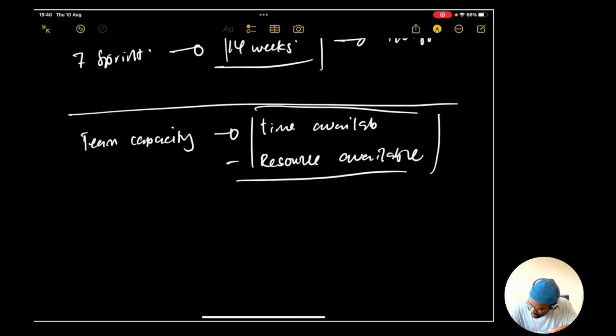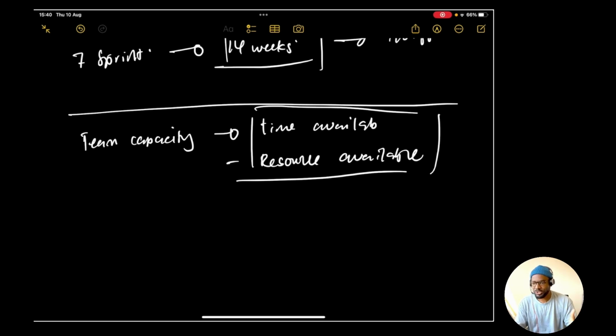When we talk about time availability, it is how much time your team has committed. Because there's break time, there are various meetings, you have your daily stand-ups. So how much time has a team committed to do work? That's the time availability.